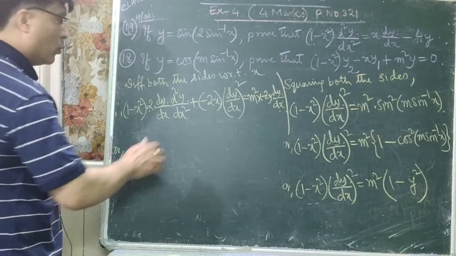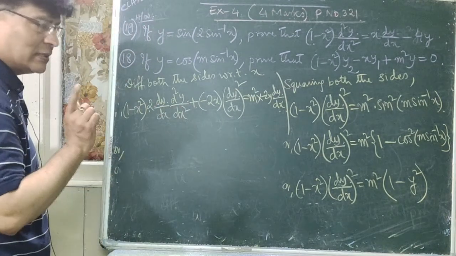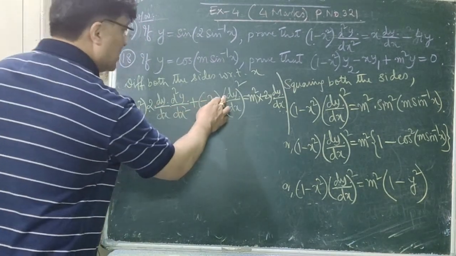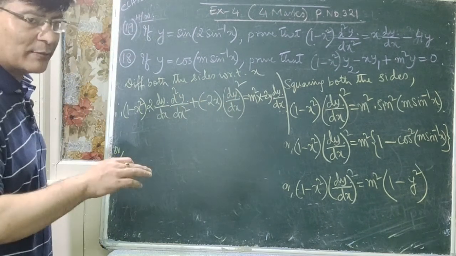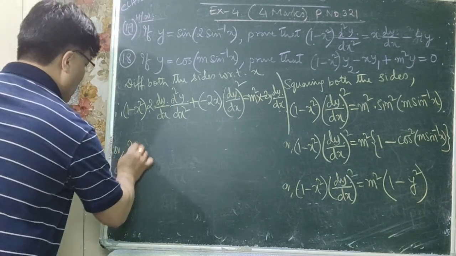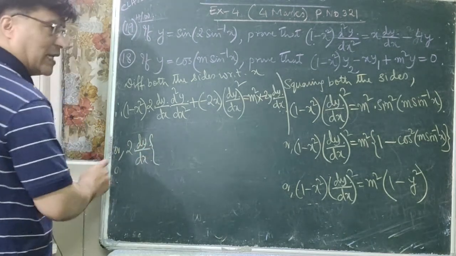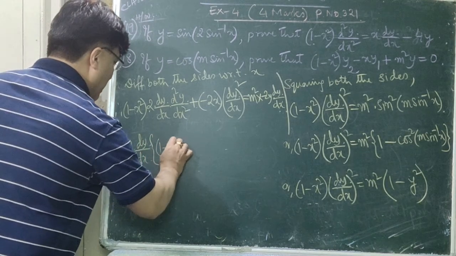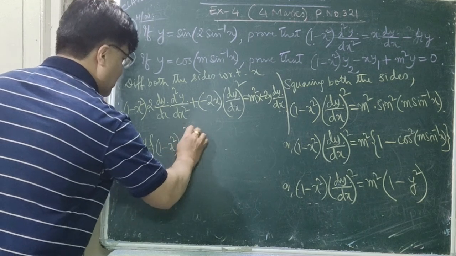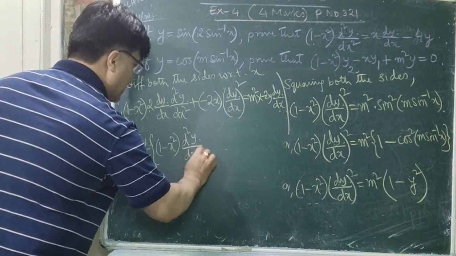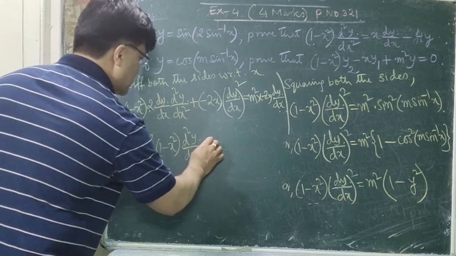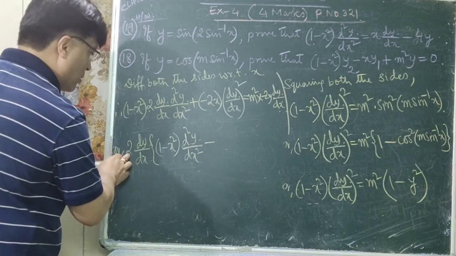What is common on the left hand side? It is 2 dy by dx. This dy by dx whole square means dy by dx into dy by dx, so you can write 2 into dy by dx. Now within the second bracket, what do we write? 1 minus x square into d2y by dx square. Then plus and minus is minus, 2 is taken common out here.